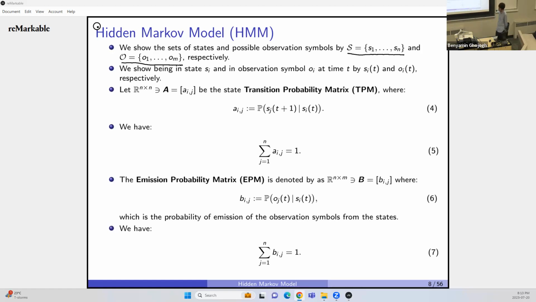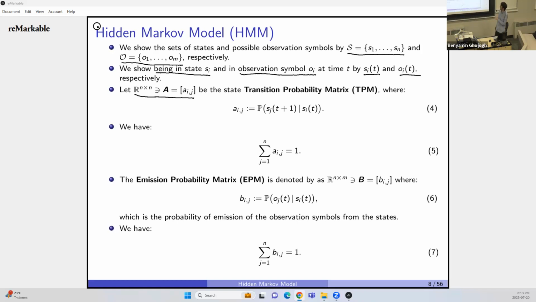We are in one of the states. Being in a state Si at time t, we show it by S_i^t, and being in observation symbol Oi at time t by O_i^t. Now let the matrix A be an n by n matrix, where n is the number of states.